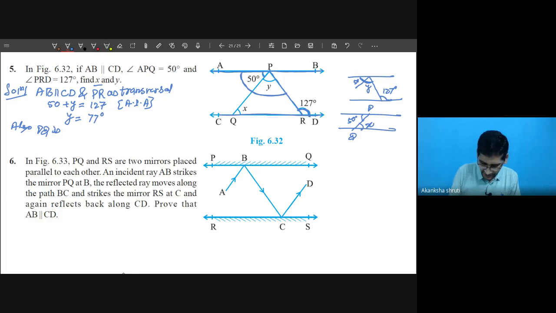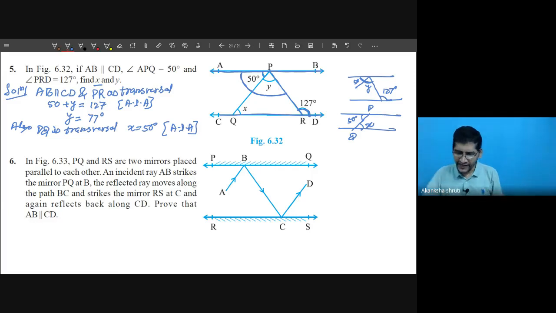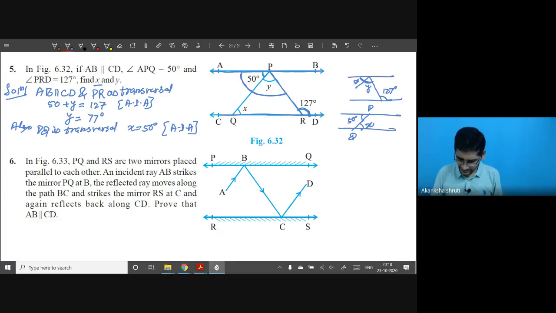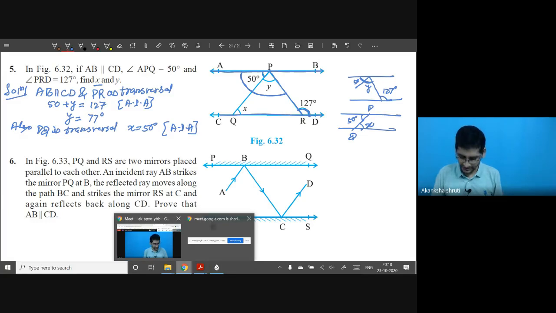While taking PQ as the transversal, this X is equal to 50 degrees. Why? It is again an alternate interior angle. So students, in this case, you have to identify what the transversal is and which of the given angles are equal. Only that is the concept we have to keep in mind.